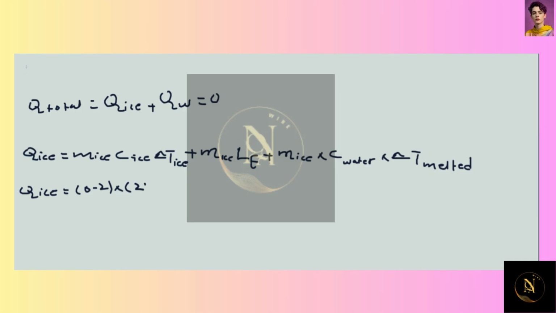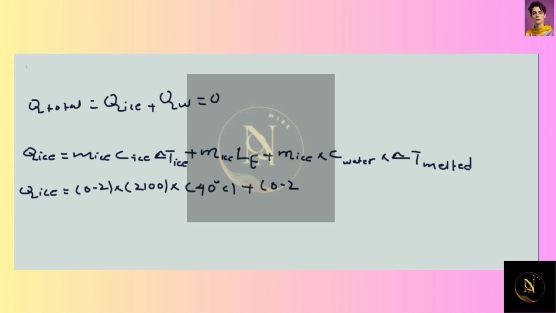That's 2100 multiplied by delta T, change in temperature, which is plus 40 degrees centigrade, since the change in temperature is 0 minus minus 40, which is equal to plus 40 degrees centigrade.